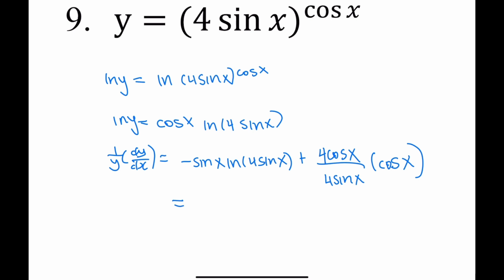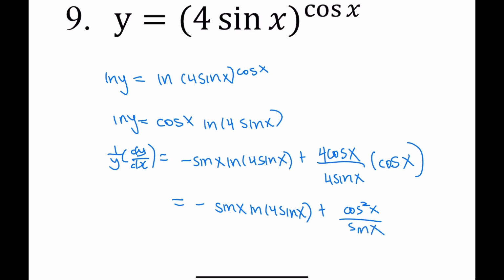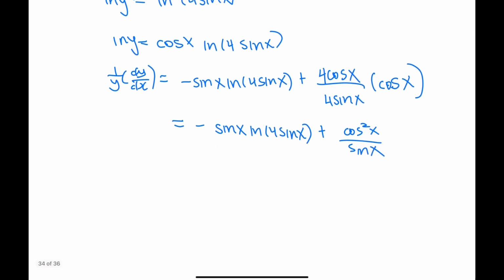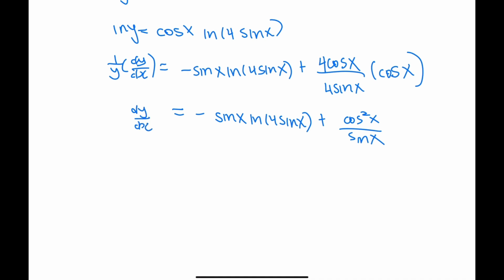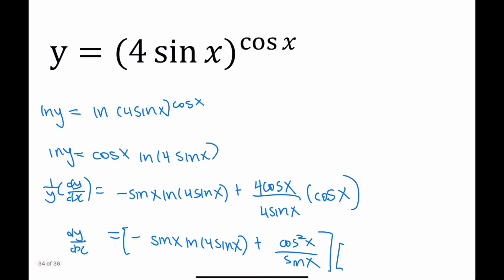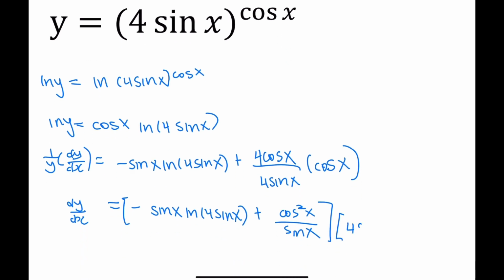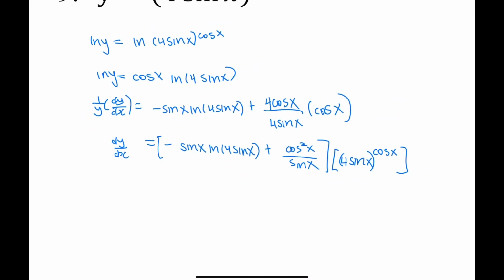Okay, so this would be negative sine x ln 4 sine x plus cosine squared x over, cancel out the 4's, over sine x. I'm just going to say dy over dx equals everything times y, which is 4 sine x to the cosine x. Yep. So we got our answer to be this.